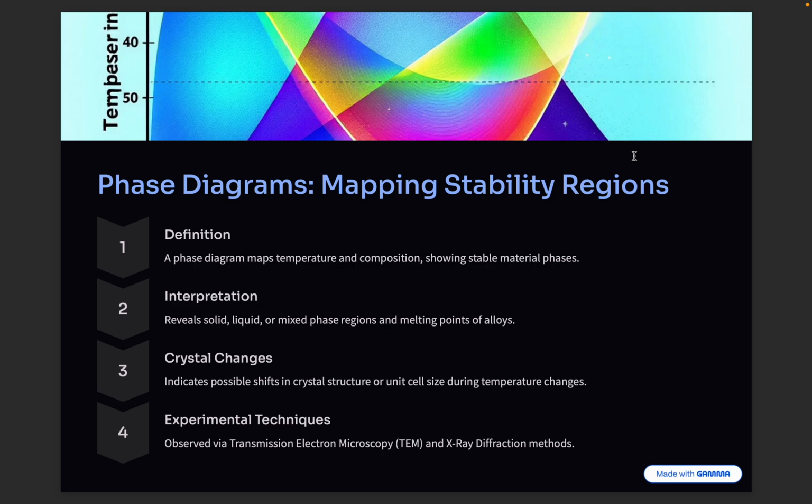You know the unit cell types, like FCC, BCC. Experimental techniques observe this by transmission electron microscopy and X-ray diffraction methods. These machines are very costly, they cost crores. Let's move forward.